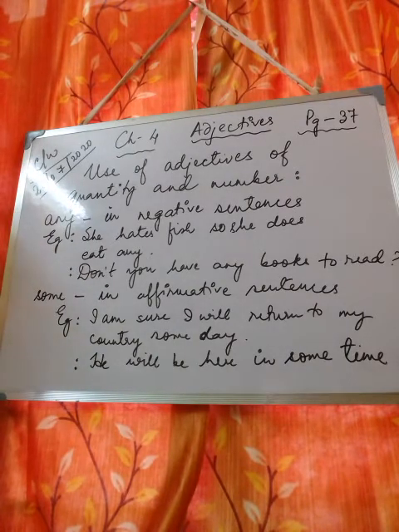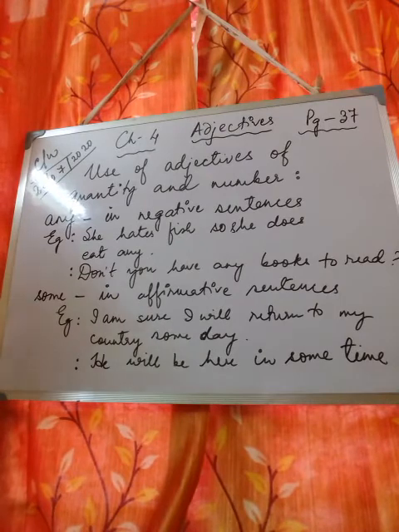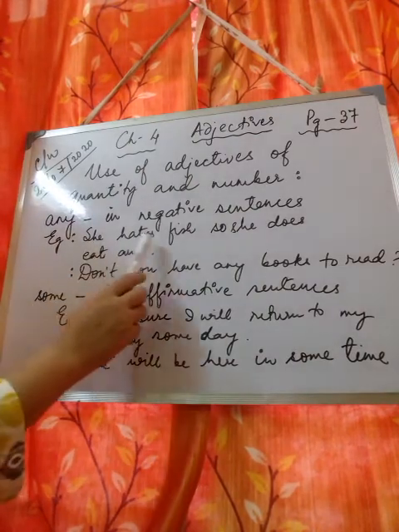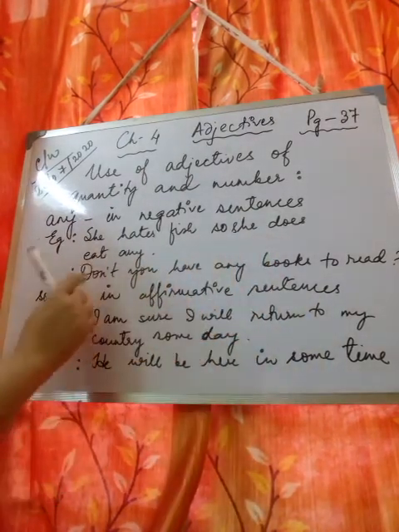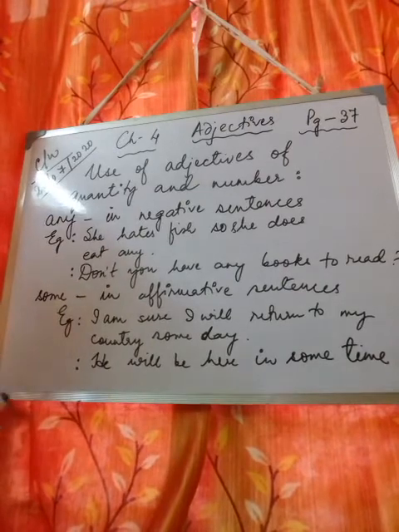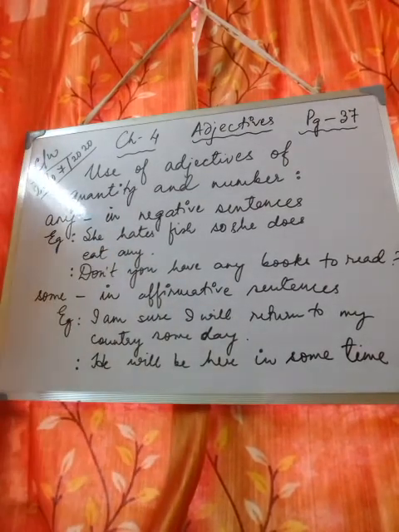Remember, since we are learning about the usage of these adjectives, any is used in a negative sentence. Okay? Example, she hates fish, so she does not eat any. Now, what is a negative sentence, children?